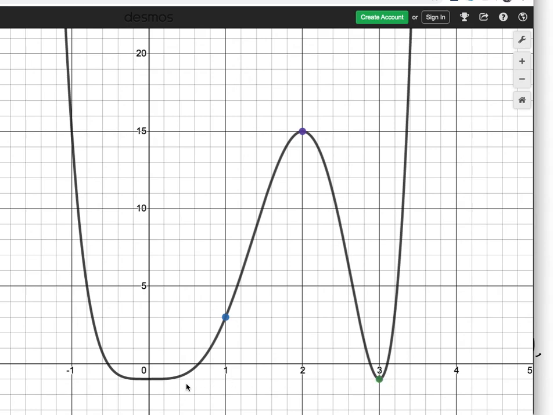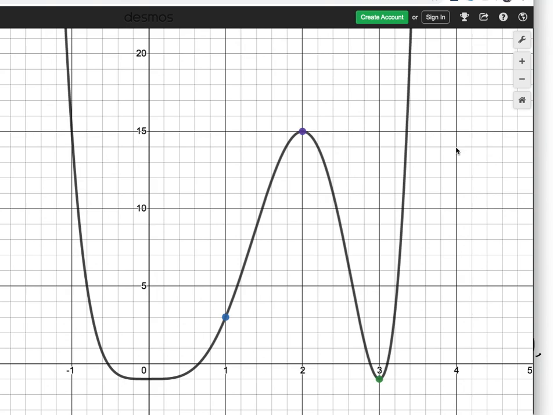If we had made our interval larger, we would have had a second global minimum value at x equals 0, because those points are at the same height, so they both have a value of -1. But since our interval started at 1, that's why we did not include that other critical point.